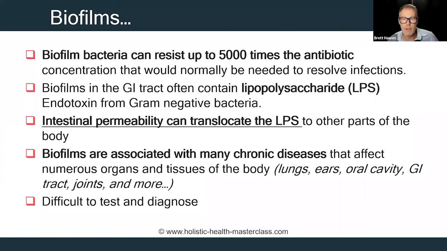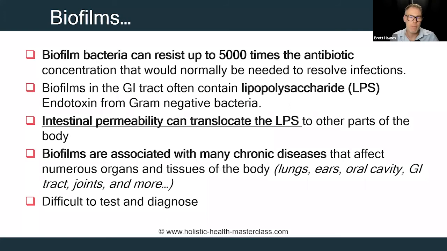Biofilms in the GI tract often contain something called lipopolysaccharide, or LPS. This is an endotoxin from gram-negative bacteria. This is, to many researchers, the most inflammatory and toxic compound known to human beings. Okay, and we can test for it, which is interesting. What this can all do is it can lead to intestinal permeability, and this can translocate the LPS to other parts of the body.